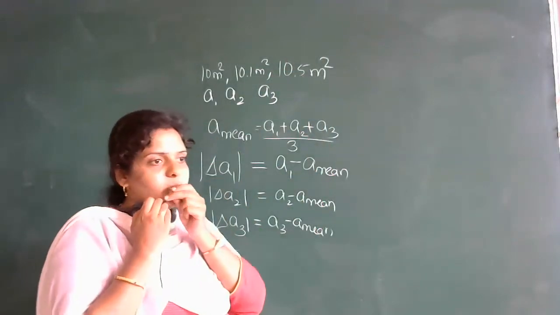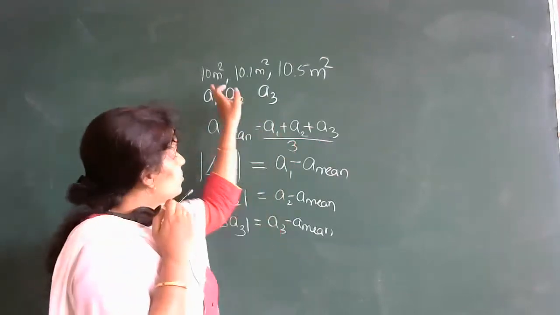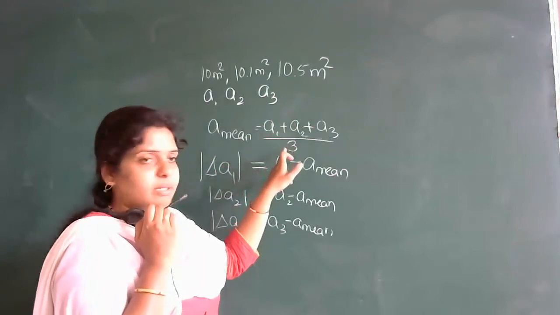So you take the mean of the values 10, 10.1, 10.5. Take the mean, divide it by 3.